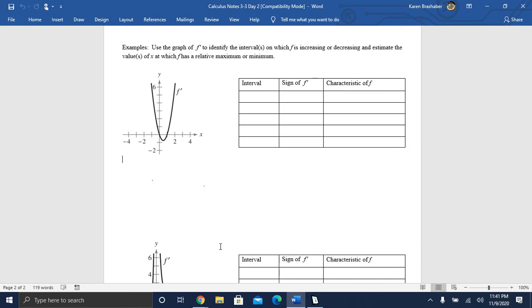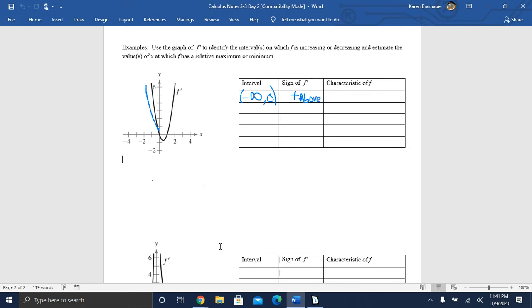So until this graph reaches 0, it's above. So from negative infinity to 0, our graph is positive or above the x-axis.